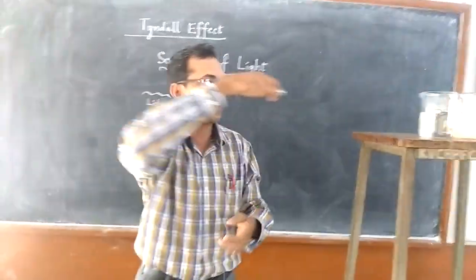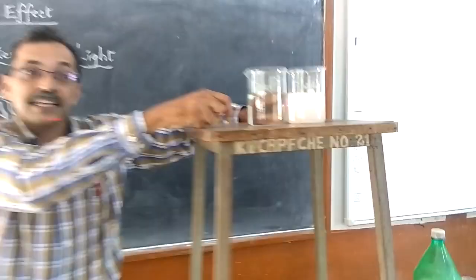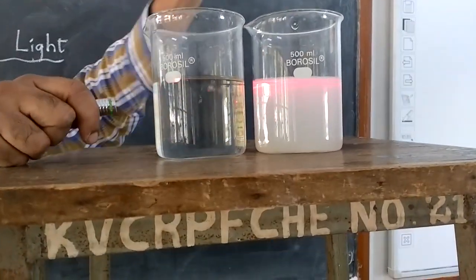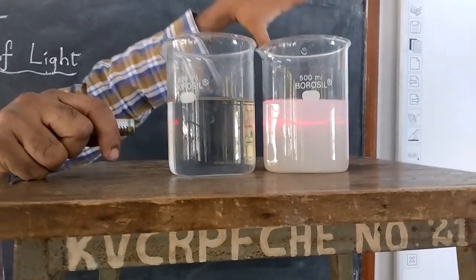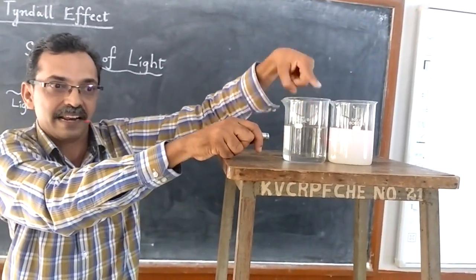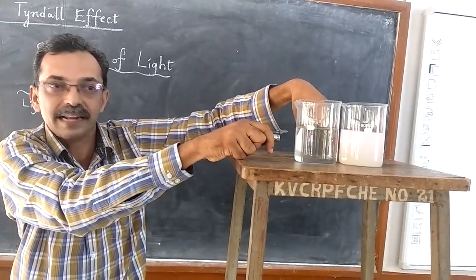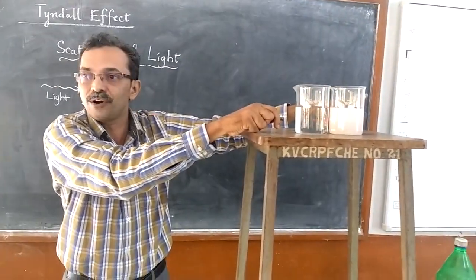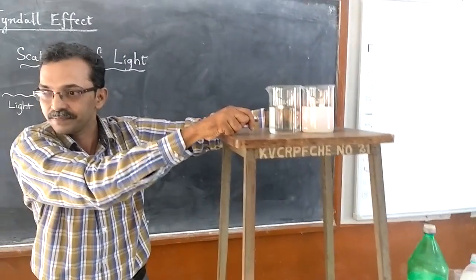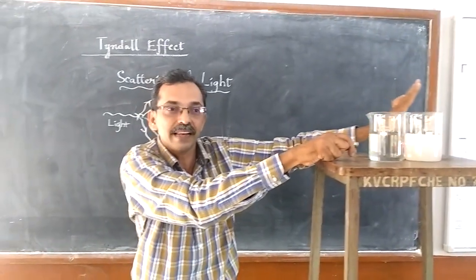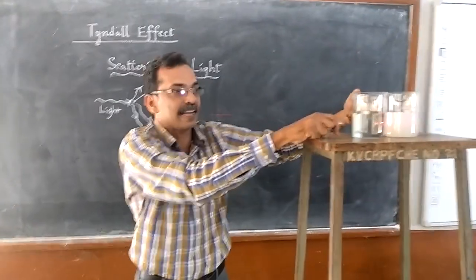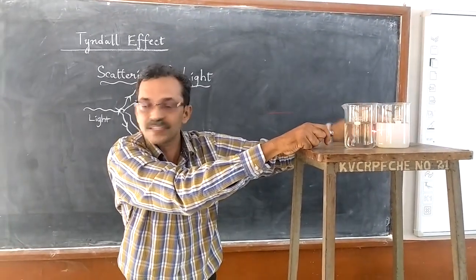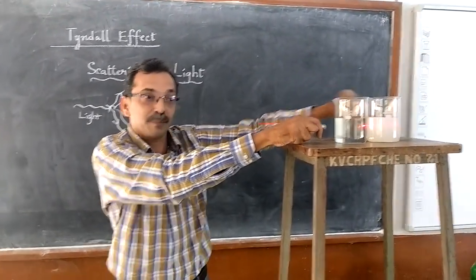So whenever the light strikes, the size of the particle is a bit more, therefore it has been deviated from its path. There is a scattering effect. The scattering effect in a colloidal solution is generally called the Tyndall effect. What is it called? Tyndall effect. Tyndall effect is a scattering effect. In general, we take colloidal solutions and we see the scattering phenomenon there.